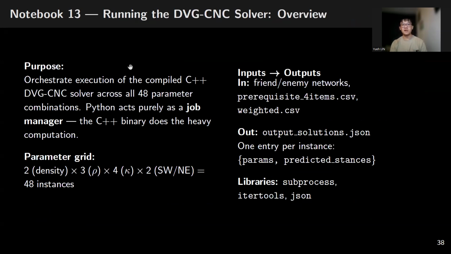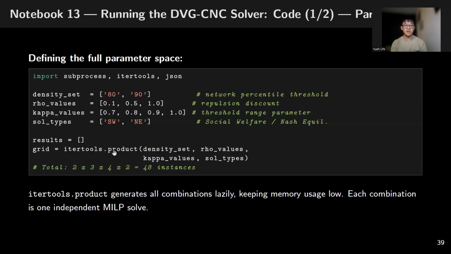Very quickly, we're going through notebook number 13. It is the notebook for calling and running all the configurations of the different types. So 2 densities, 3 different levels of rho, 4 kappa. Kappa is a threshold range parameter for the significance value, a percentage like 80 or 90.